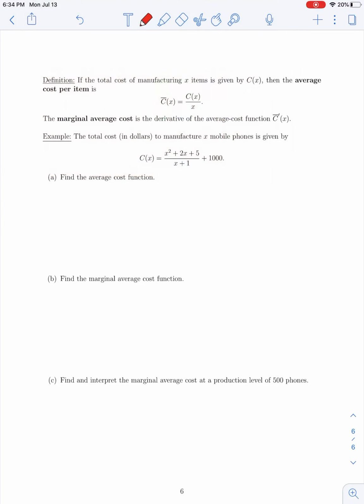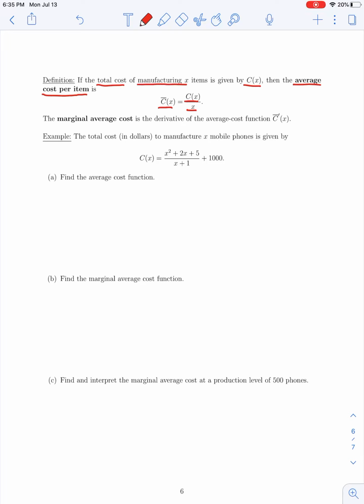So here, let's recall some terminology that we had seen in chapter 3. So if the total cost of manufacturing x items is given by a cost function, capital C of x, recall that the average cost per item is the function denoted as C bar of x, which is found by taking our total cost, C of x, and dividing by the number of items that we produce, x.